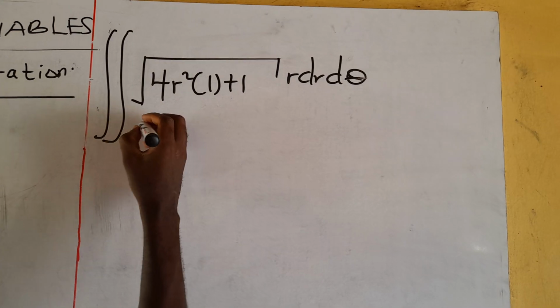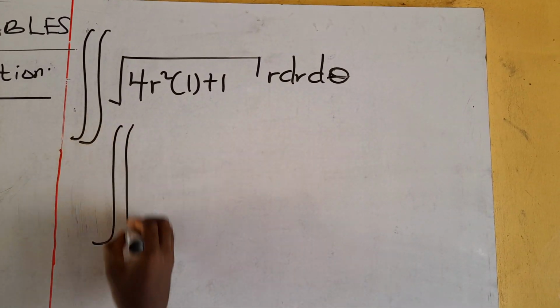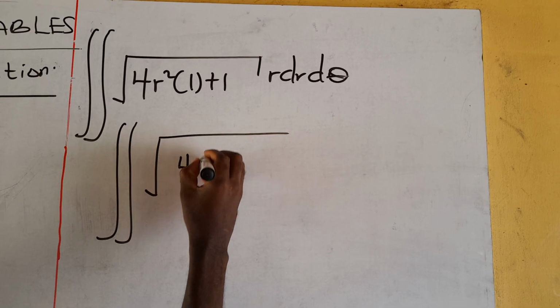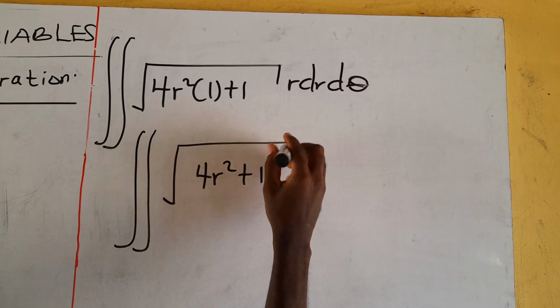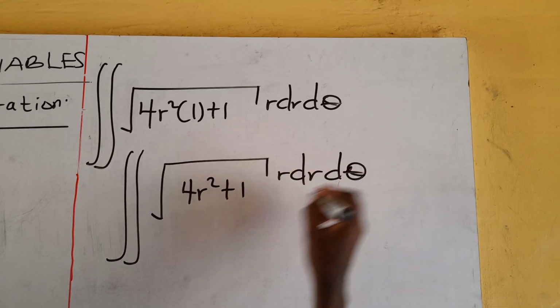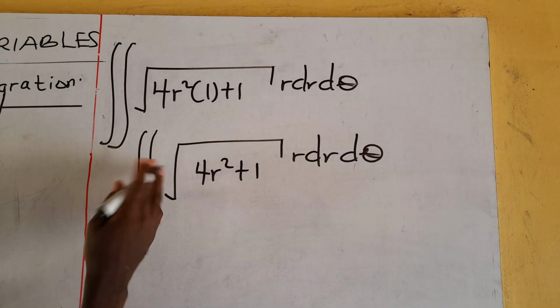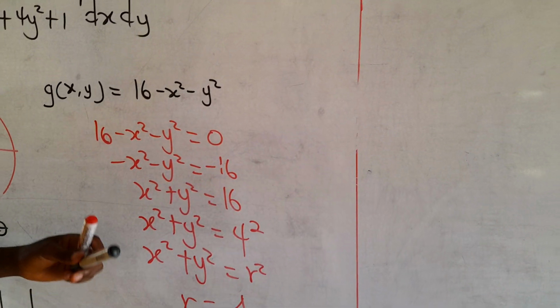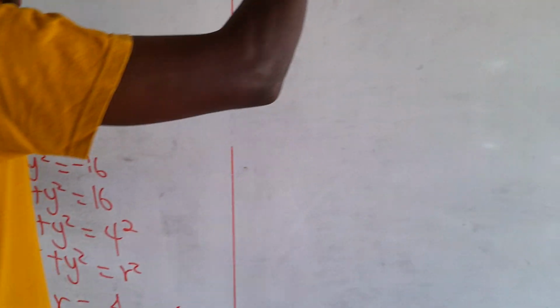So when we simplify further, we have double integral the square root of 4r squared plus 1 r dr d theta. So we can now substitute the limiting point for r and theta. Remember, dr comes first, so it will be here.